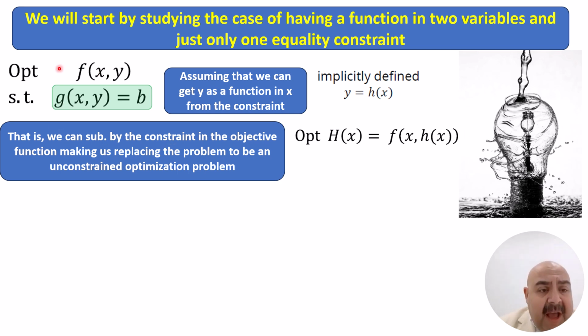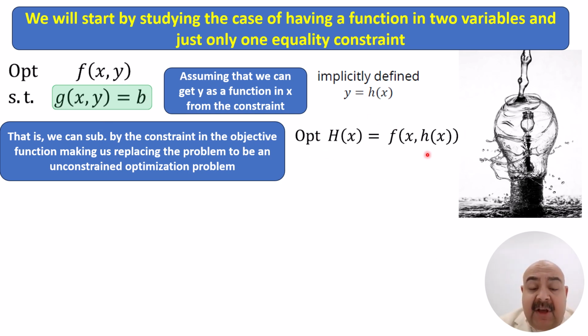So if we have f of x and y, that's our optimality function, and we have g of x, y, which is our constraint that must be satisfied, we will seek to have y as a function of x and resubstitute in the optimality function.